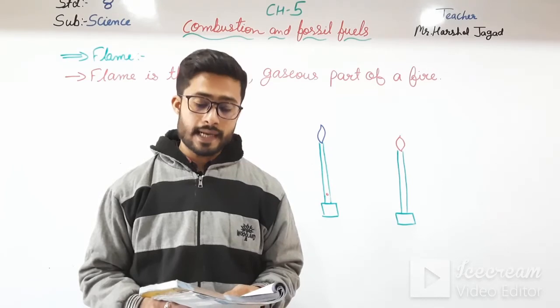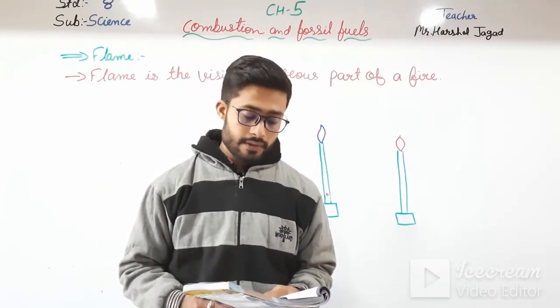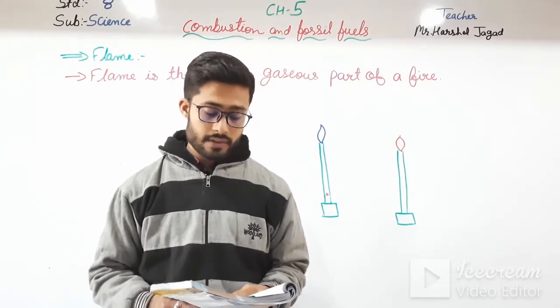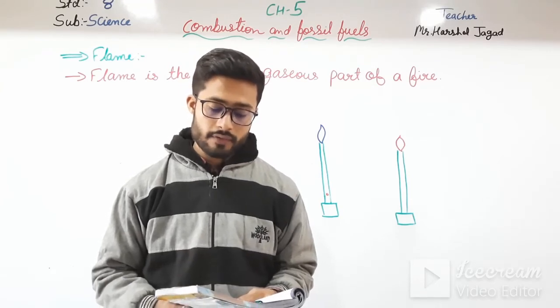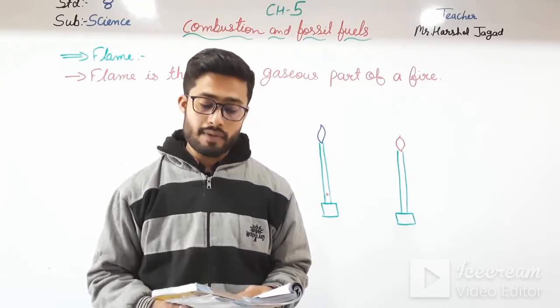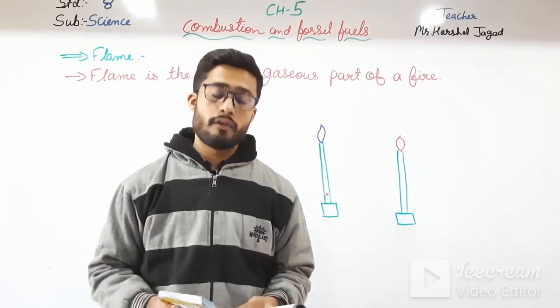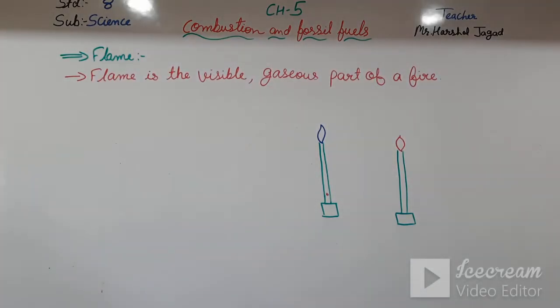Its temperature is higher, while the yellow flame's temperature is lower. In the blue flame no residue is left behind, and the products of combustion are carbon dioxide and water. In the yellow flame the products of combustion are a residue of black colored soot, and also carbon monoxide and water. So these are some of the differences between blue flame and yellow flame.